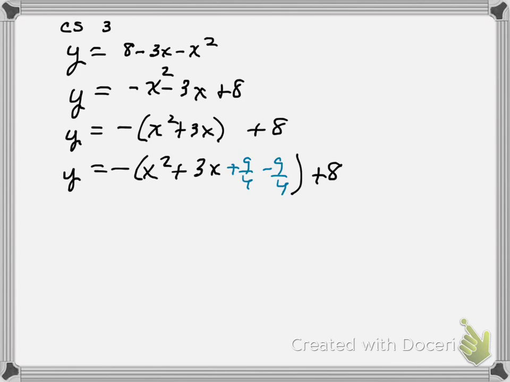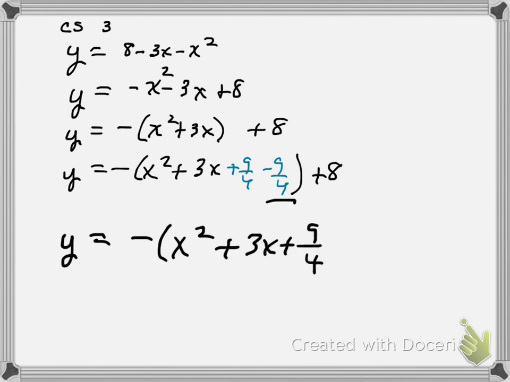Alright, so in order to factor, I'm going to need to get this 9/4 out of there, because the only thing that will factor is this thing right here. So that negative 9/4 is multiplied times a negative 1, which puts a positive 9/4 out here that can be added to that 8. And if you write 8 in terms of fourths, it would be 32/4.